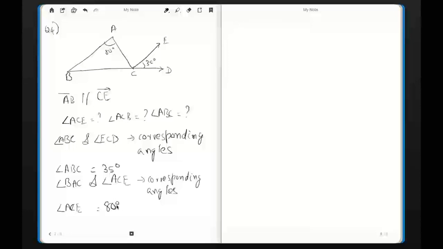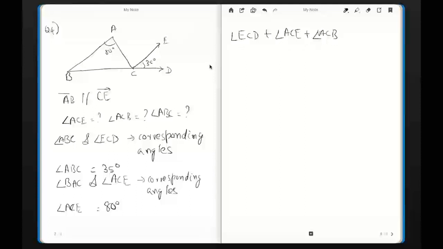Perfect. Now, what can you talk about the sum of these angles? And the sum of angle ECD plus angle ACE plus angle ACB. What can you say about the sum?